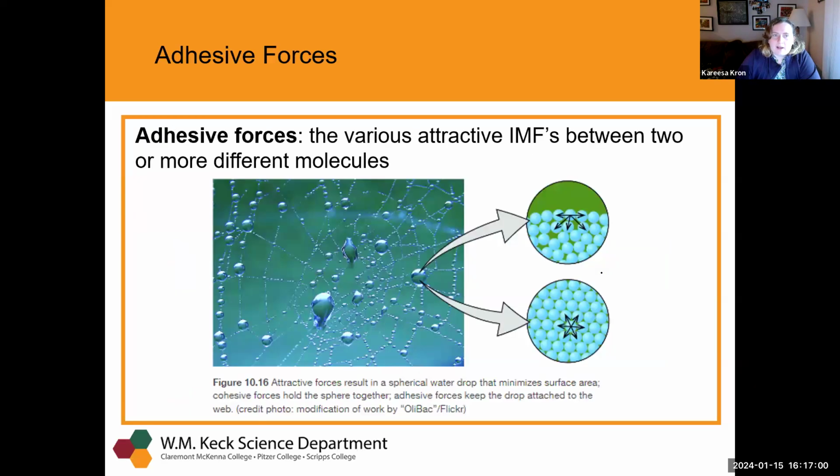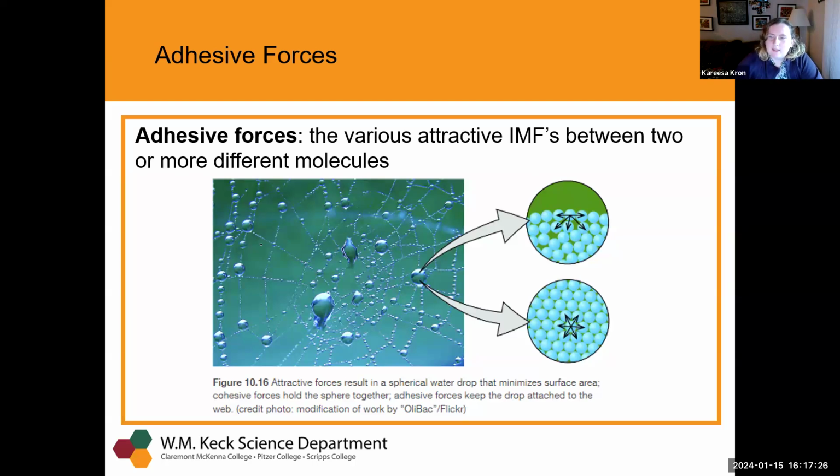And we also have, with liquids, adhesive forces. And what adhesive forces are, are the attractive intermolecular forces between two different molecules. So in this picture, the droplets of water are water interacting with each other, and that's cohesive forces, but they're also clinging to this web.